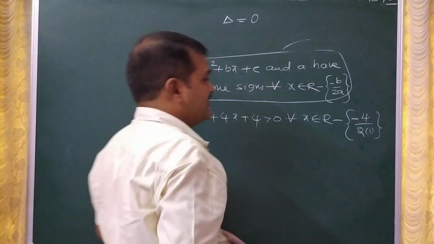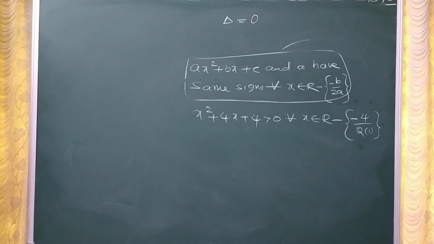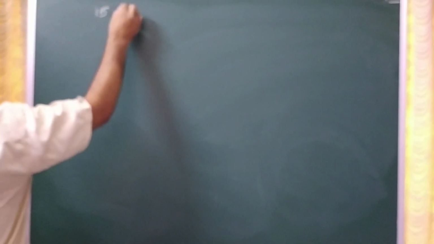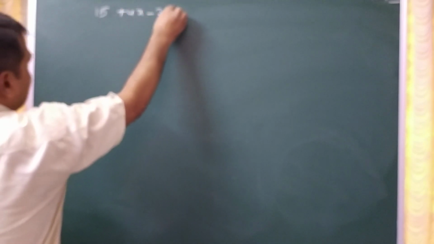So all the three cases I discussed, delta less than 0, delta equal to 0, delta greater than 0, all the examples we discussed. For example, briefly, I will discuss one more example: 15 plus 4x minus 3x square.